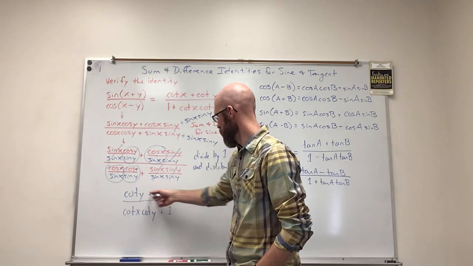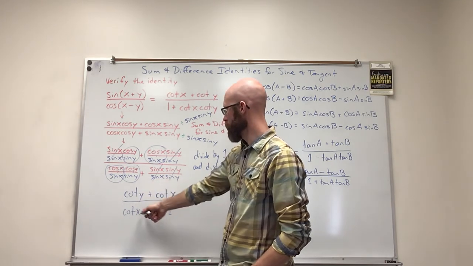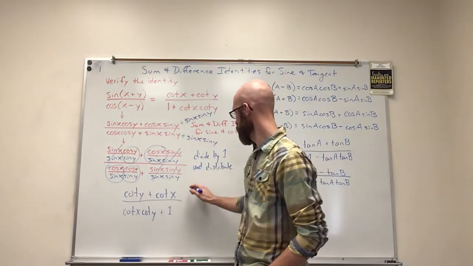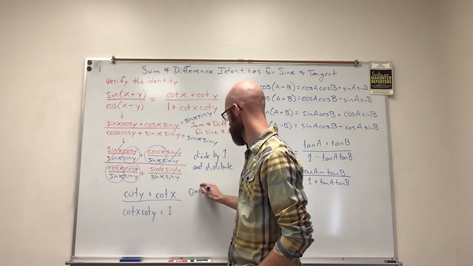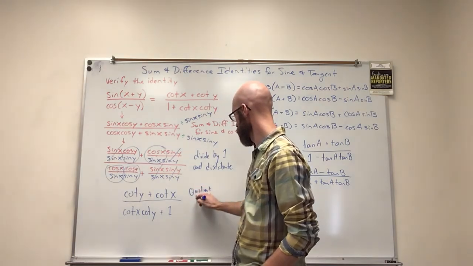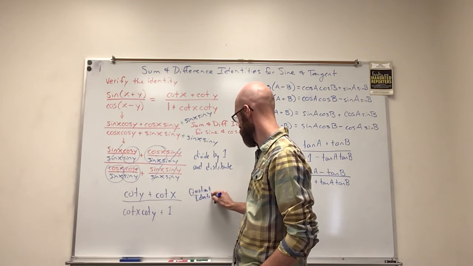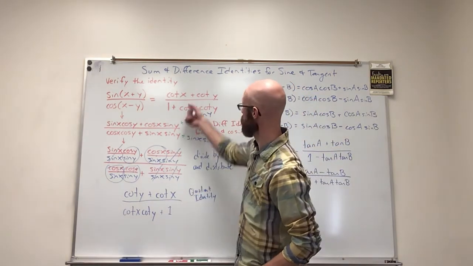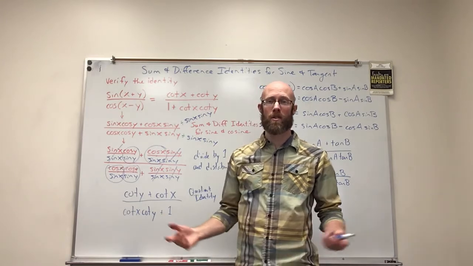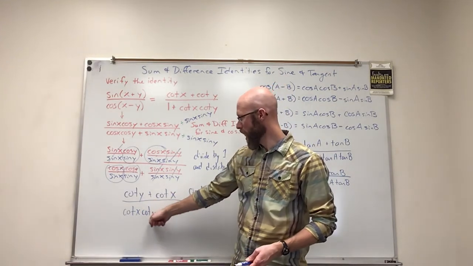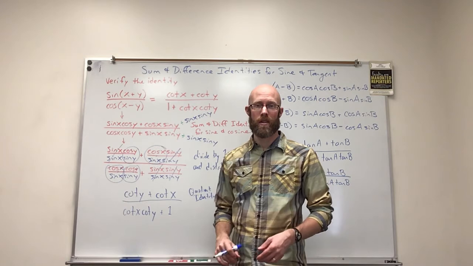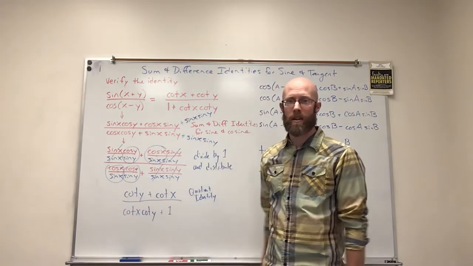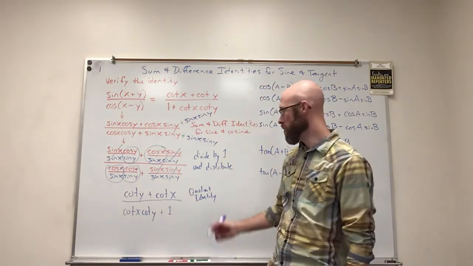Okay, so then this step is just using the quotient identities. And then, well, it basically looks the same at this point. We just got to switch our terms around. Everything's added together, so switching things doesn't matter. It's just commutative property of addition.